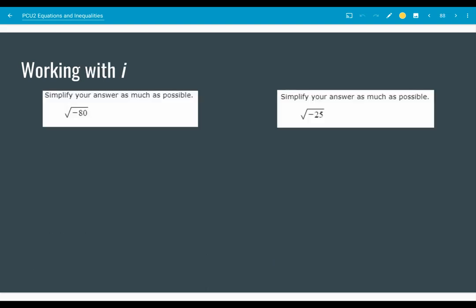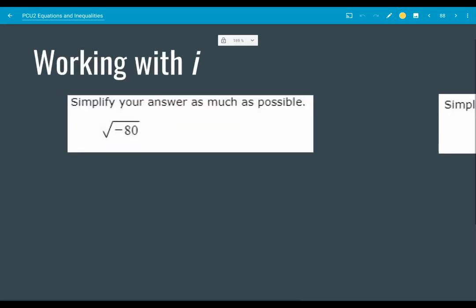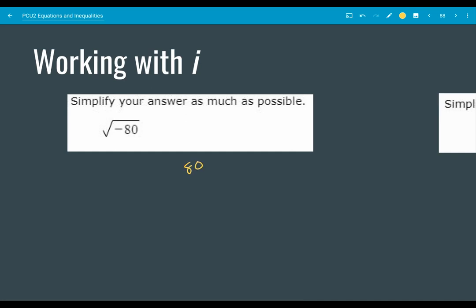So working with i, if we want to take the square root of -80, 80 is 8 and 10, which is 2 and 5, and this is 2 and 2 and 2.